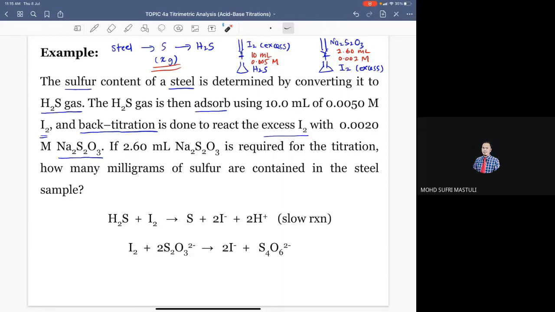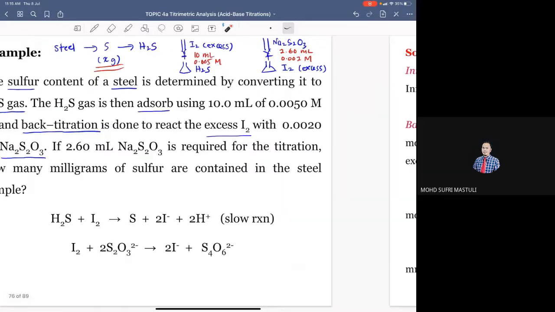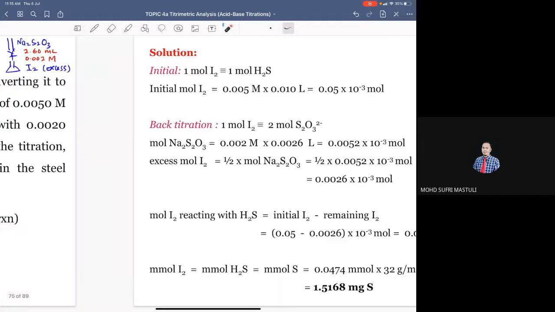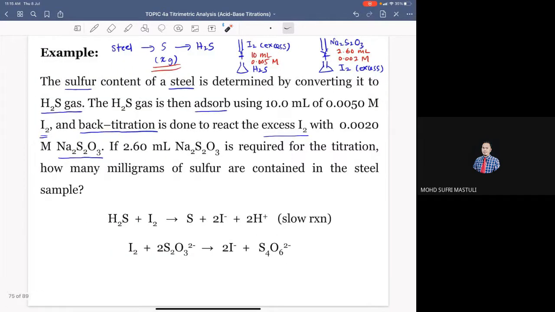Okay, it's the same as the previous question. First, we have to determine the mole of this iodine in excess. So the mole can be obtained from molarity.